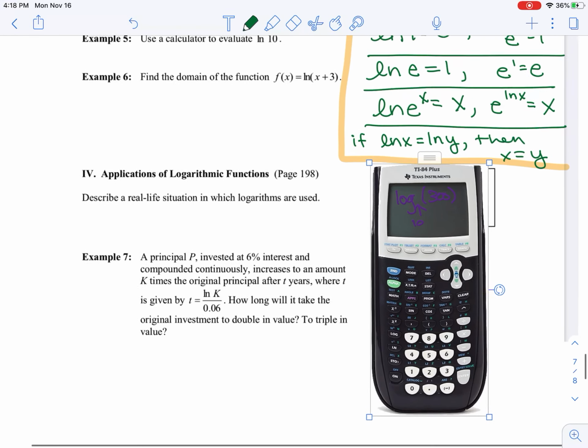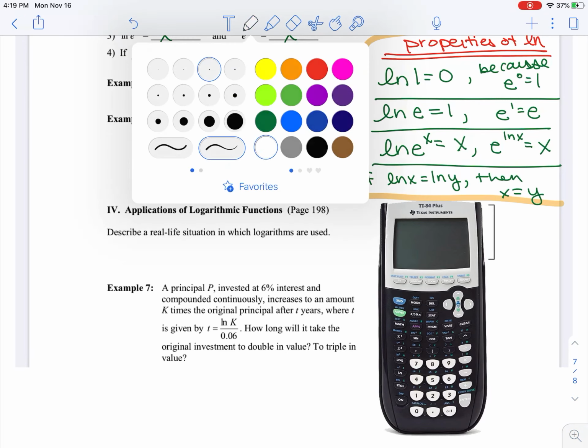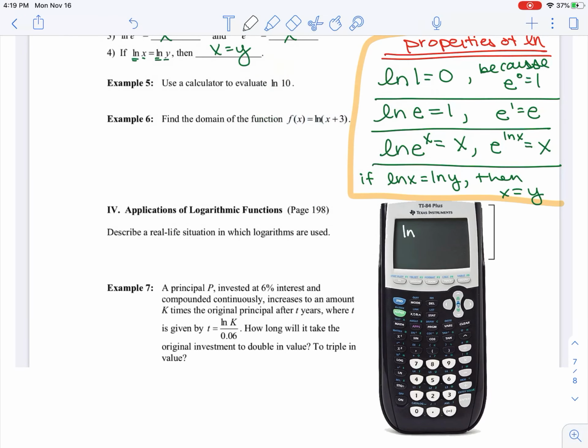If I want to use this to evaluate my natural log of 10, here's what you're going to do. You literally use your ln key, which is right next to the 4 on the left side, and type in ln, parentheses, and then you just plug in the value of 10.